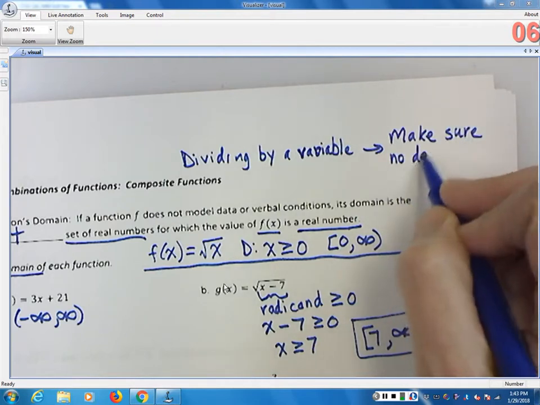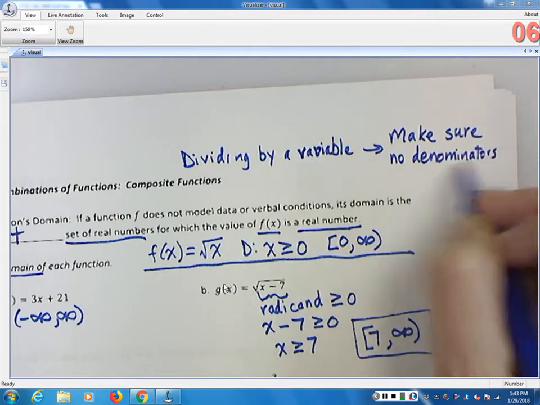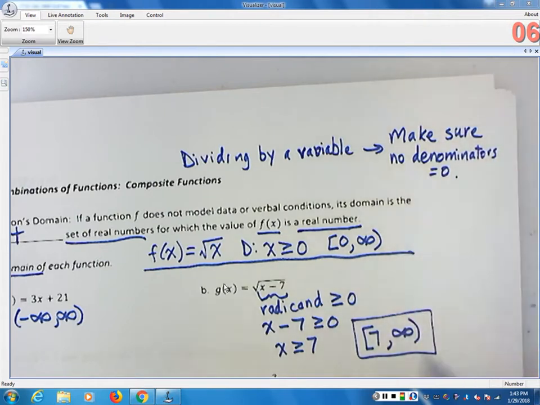The bottoms of the fractions. You can't divide by 0.